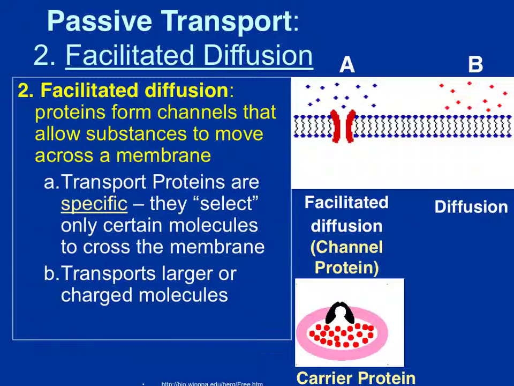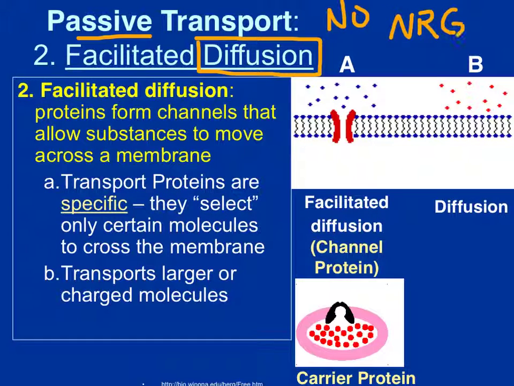Now, with the second type of passive transport, we're still talking about diffusion, which means we're still talking about passive transport. Remember, no energy. All right? The thing about facilitated diffusion is that if you remember the structure of a cell membrane, there are these specific types of proteins called membrane proteins.